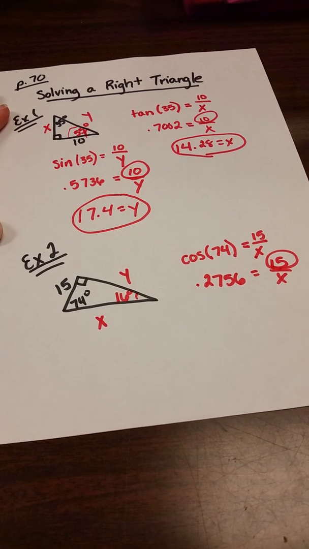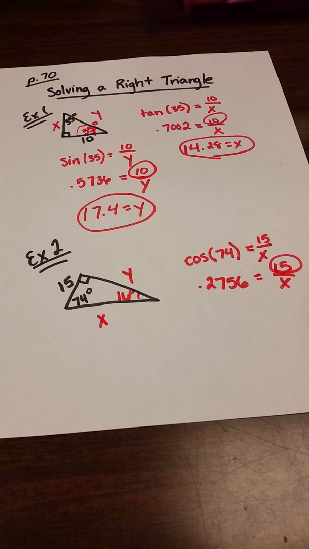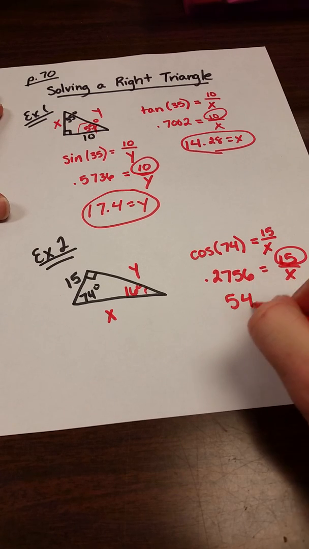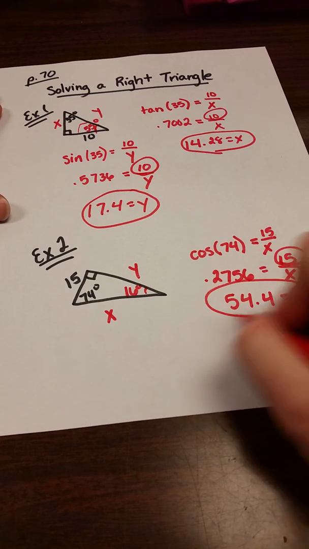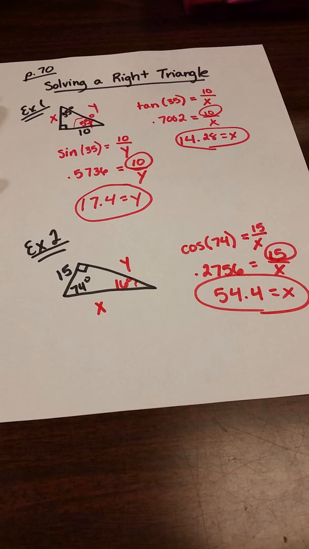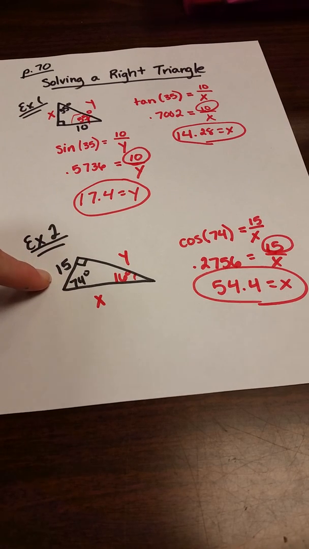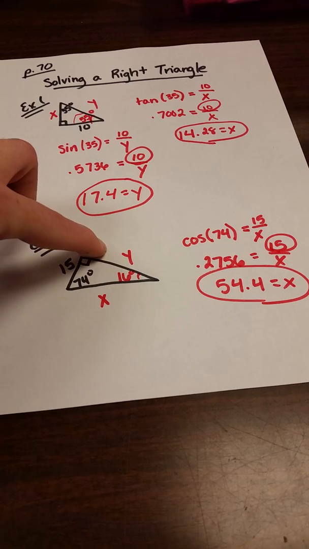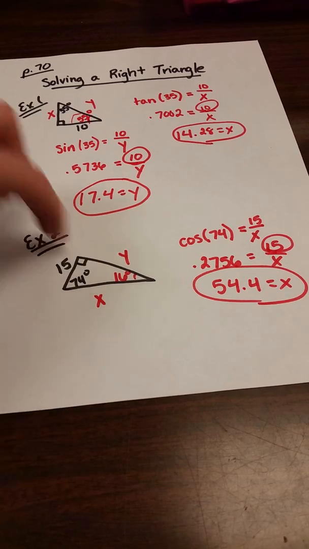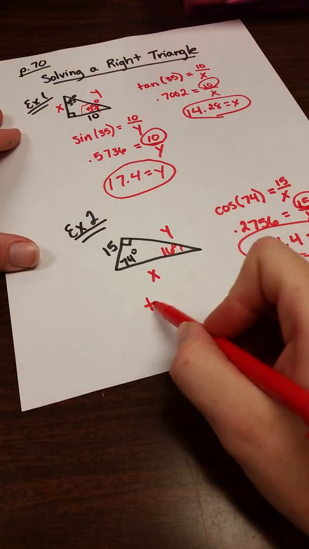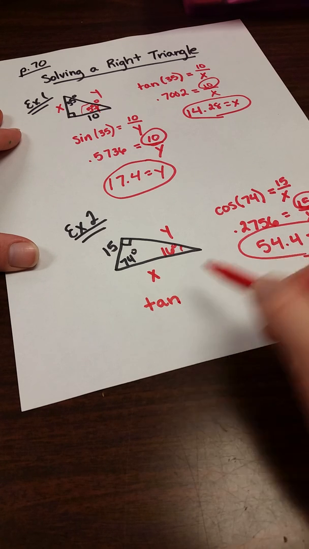Since my 15 is on top, I'm going to divide. So 15 divided by 0.2756, and I get 54.4 for my x. Okay. For y, I'm going to use a 74 again. The 15 is still adjacent. The y is opposite. So I'm going to do tangent, because that's opposite and adjacent.